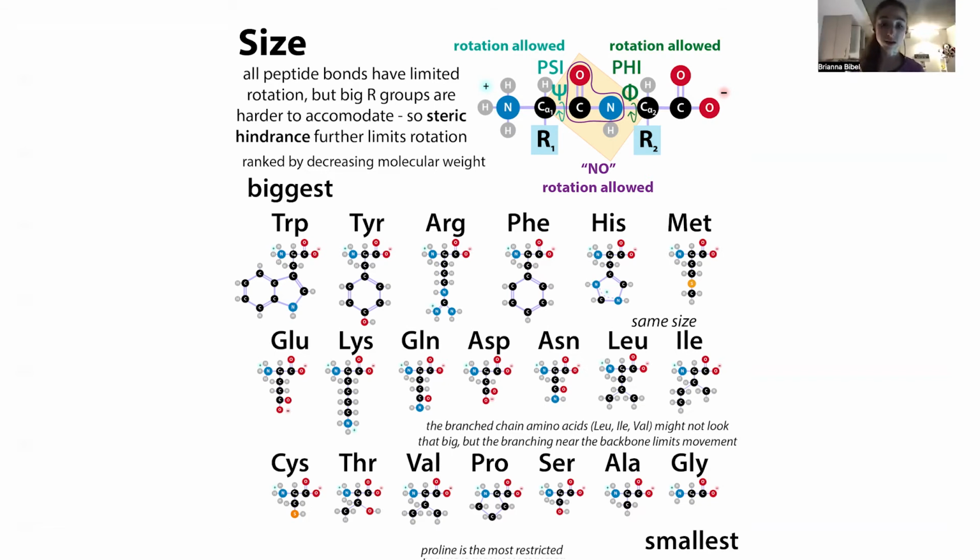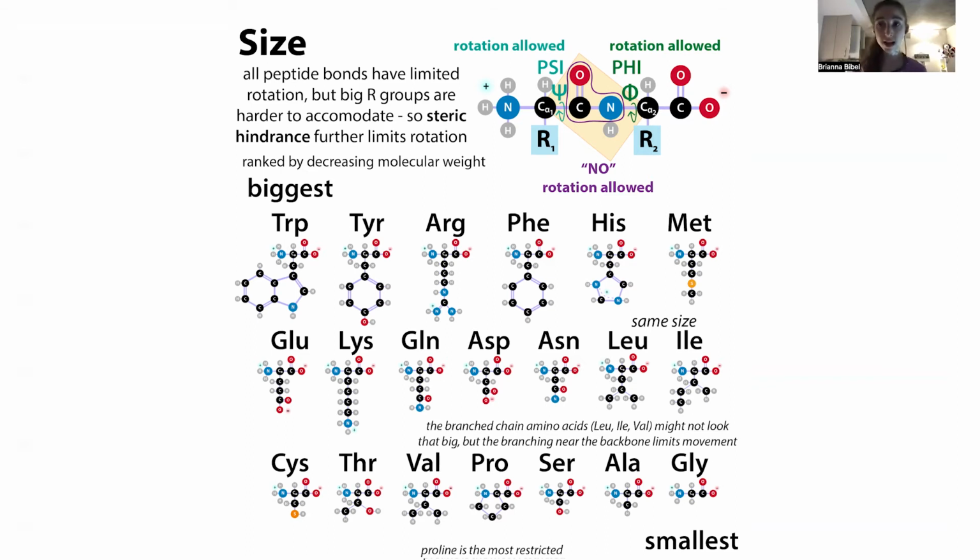But that's not the only determining factor. It also matters where the bulk is located. So if you take, for example, leucine and isoleucine.